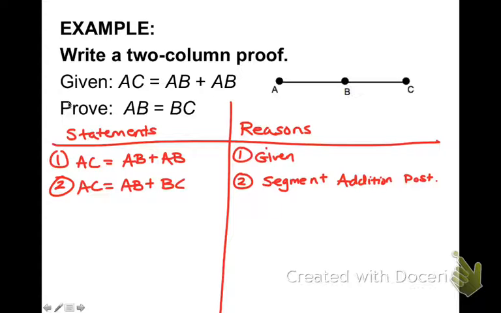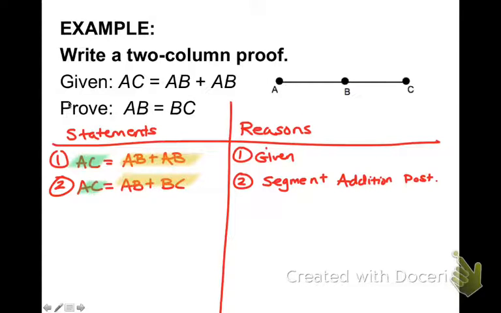All right. Look at line 1, look at line 2. Notice what's happening on the left side. These are the same. So if these are the same, what can I do with those 2 things? Do I want to take out the green or do I want to take out the yellow?